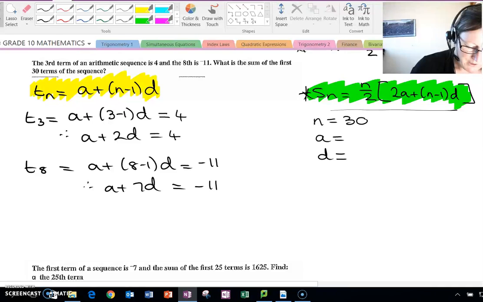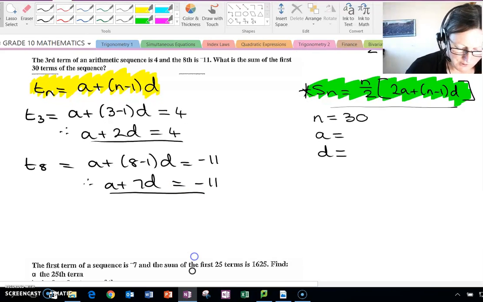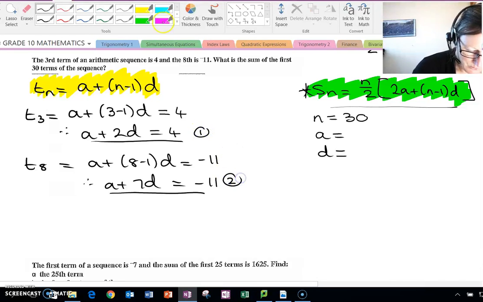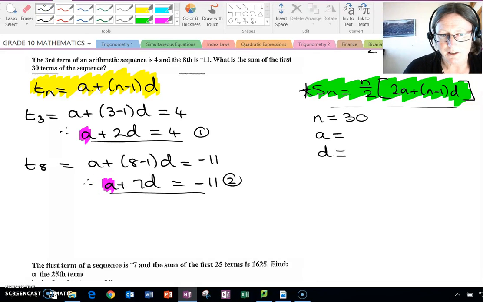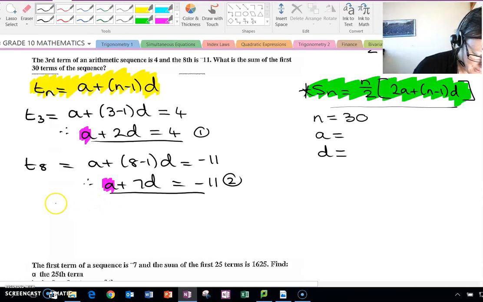Let's look at the two equations I've got. Using my knowledge of simultaneous equations, I can look at these and say, okay, they're both 1A, same sign, so I'm going to subtract.